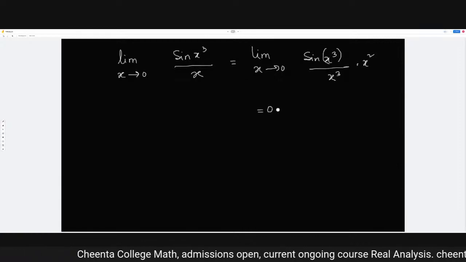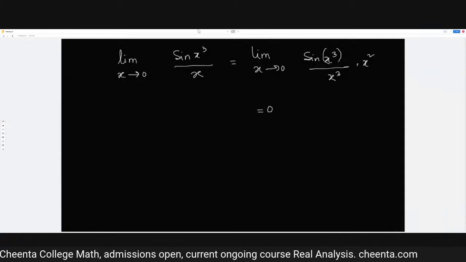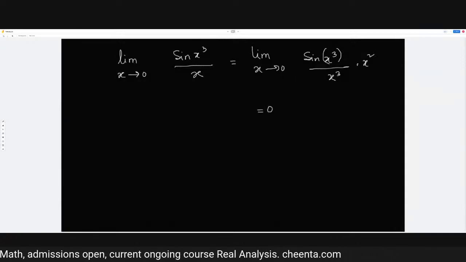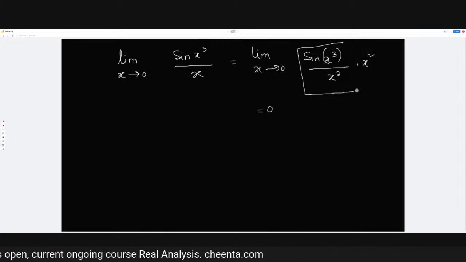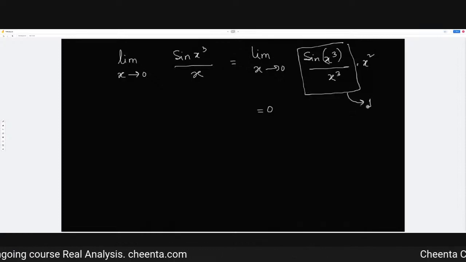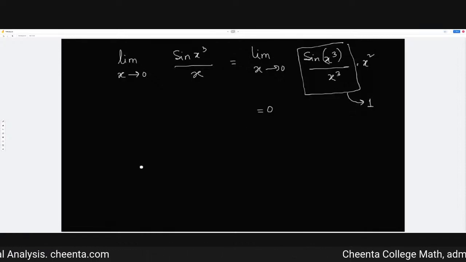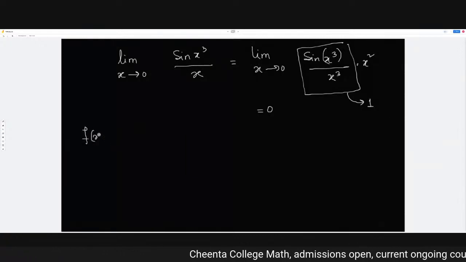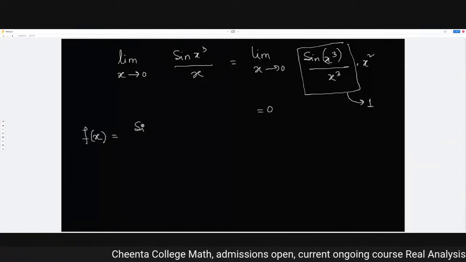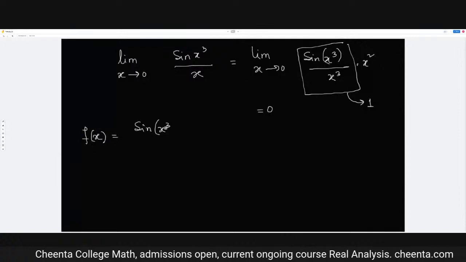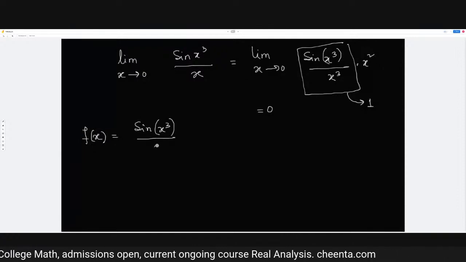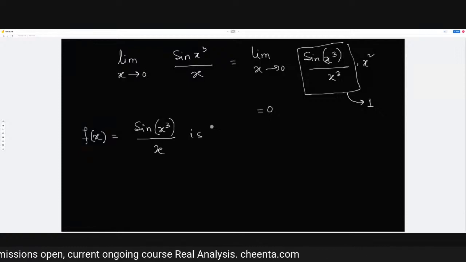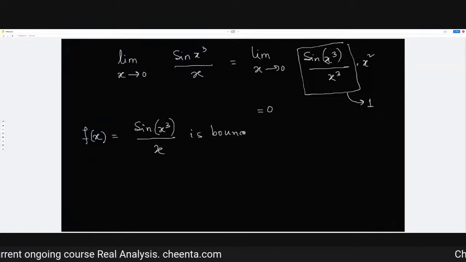This is 0, because as x tends to 0, x cubed tends to 0, sine x cubed by x cubed becomes 1, and since there is x square, it will be 0. So the function f of x equals sine x cubed by x is bounded. So how did we prove it?